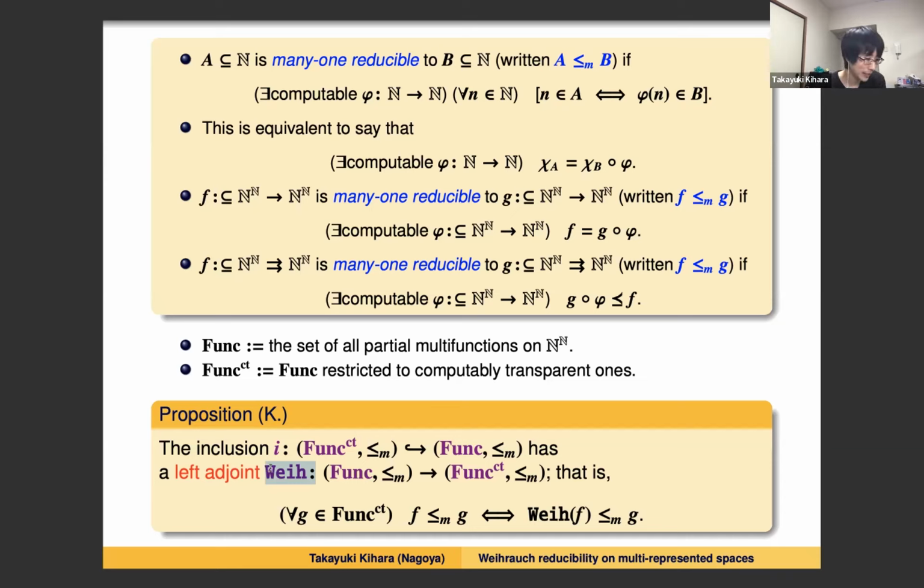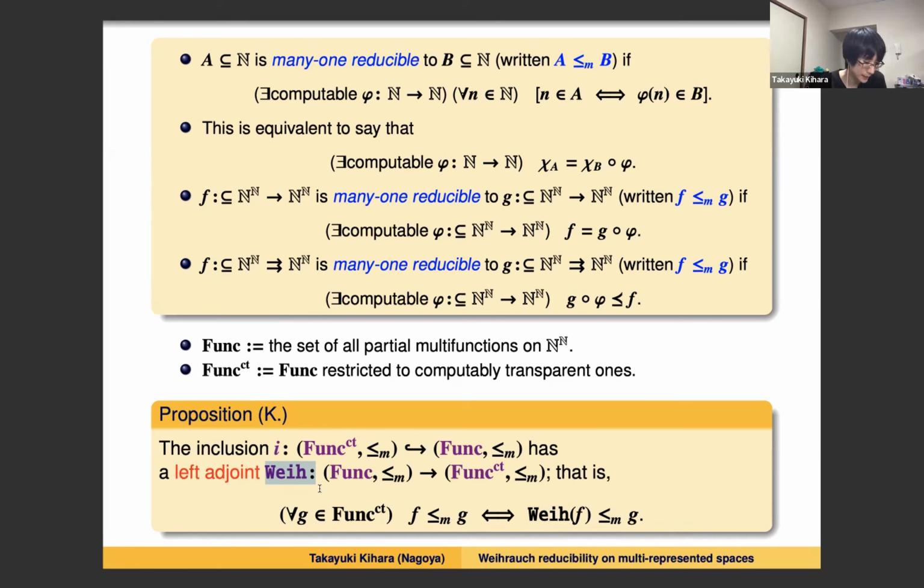Now let me explain why I named this computably transparent function generator via. Interestingly, this left adjoint can be thought of as the operation to create a universal Weihrauch machine relative to a given oracle. A universal Weihrauch machine is like a Weihrauch version of a universal Turing machine.